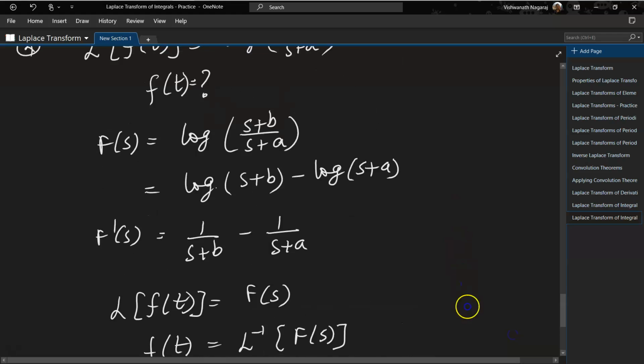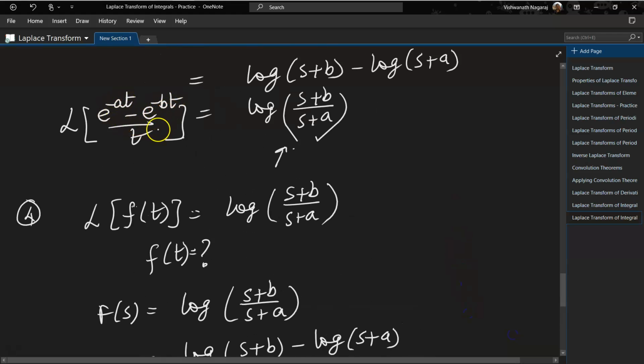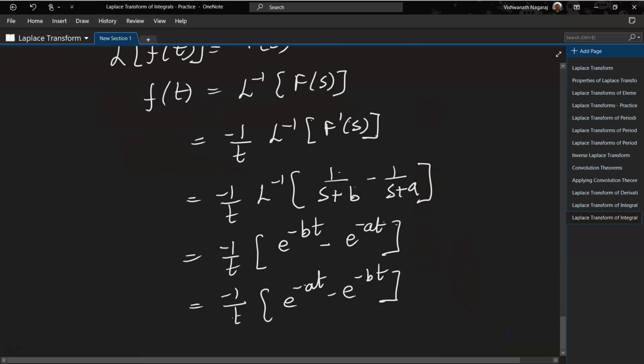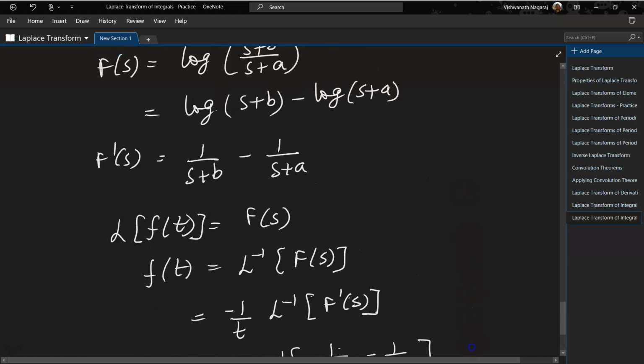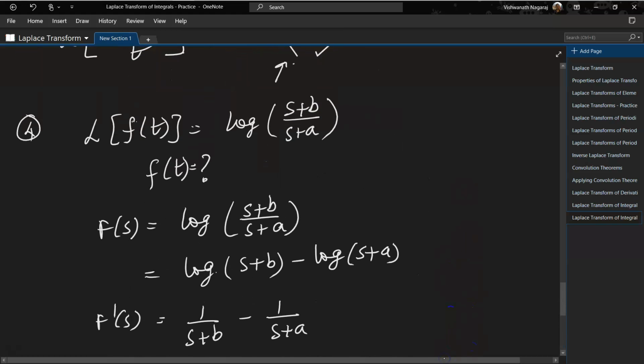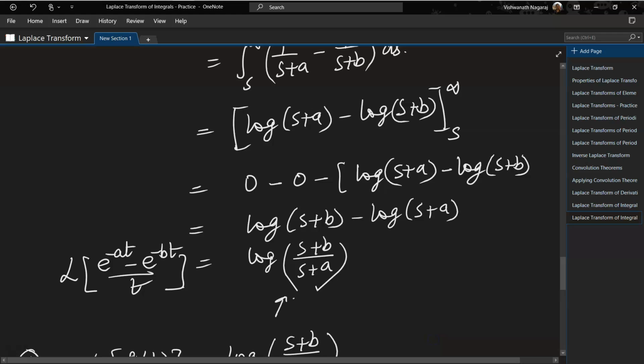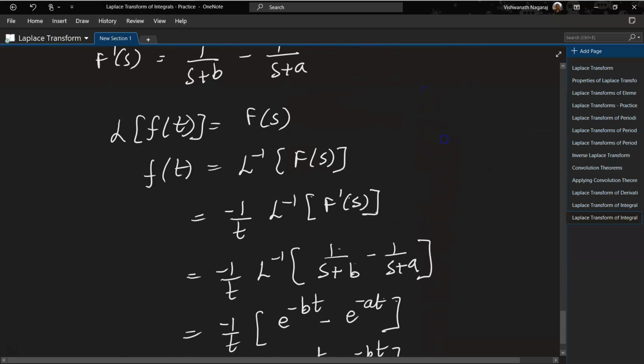Now, is this what we started with, e to the power of minus at minus e to the power of minus bt by t? This is the function whose Laplace transform is this. So we did it both ways, one way and the reverse.